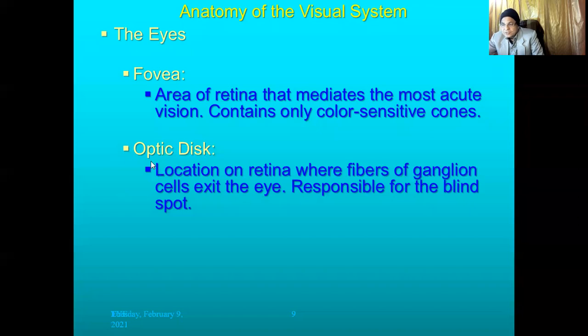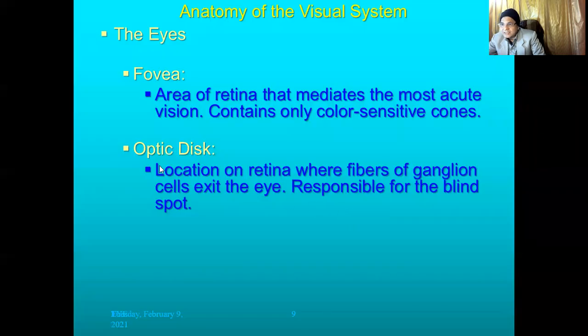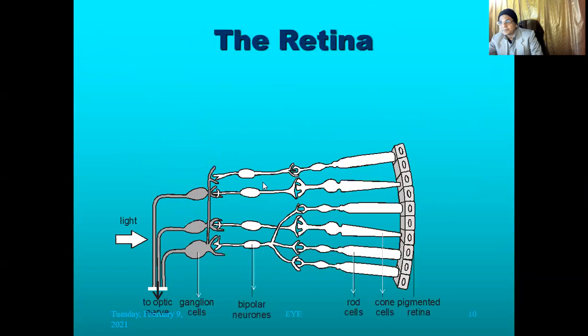Next is the optic disc, the location of the retina where fibers of ganglion cells exit, responsible for the blind spot. Blind spot is this. So this is the back of that, and that is the optic disc.